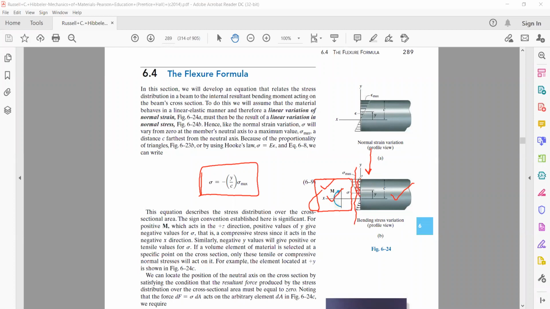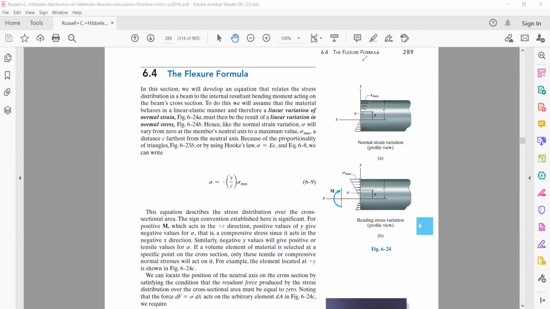These forces are on this section only because that section is there. If that section is not there, then these forces will not be there. So the forces are created. So this sigma max, multiplied by the small area delta A, gives us the small force that is acting on a small cross section. The question is how.